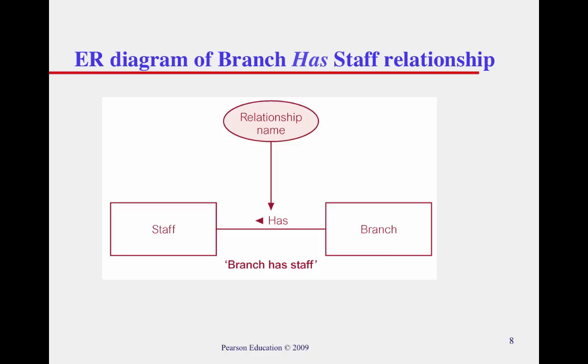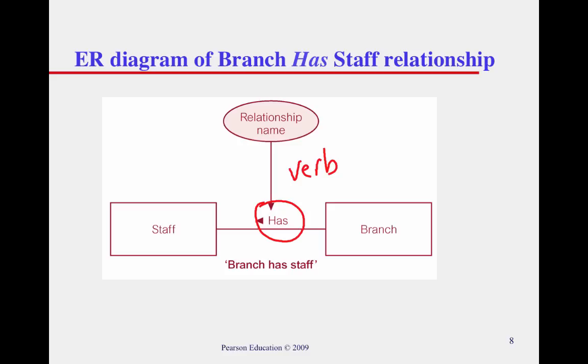And when you're coming up with these relationships and trying to figure out which direction the arrow goes, it often helps to try to say it as a sentence, like branch has staff, or staff is a member of branch. The name of the relationship is often a verb. It's not always the case, but typically a good relationship name will be a verb.